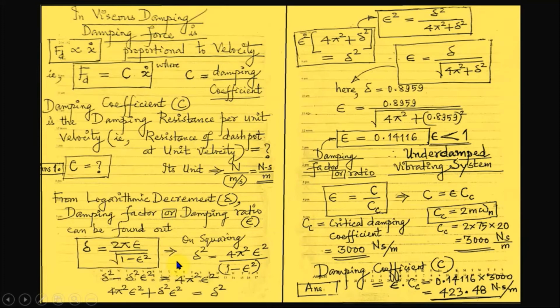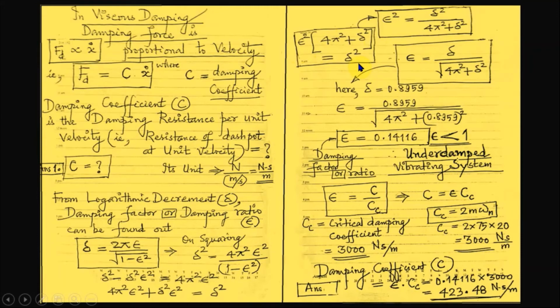So you square this relation, you will get delta square is equal to 4 pi square epsilon square divided by 1 minus epsilon square, and then cross multiply that. So you will get 4 pi square epsilon square plus delta square epsilon square is equal to delta square. And if you group it, that is taking epsilon square common, you will get 4 pi square plus delta square within bracket, that is equal to delta square.